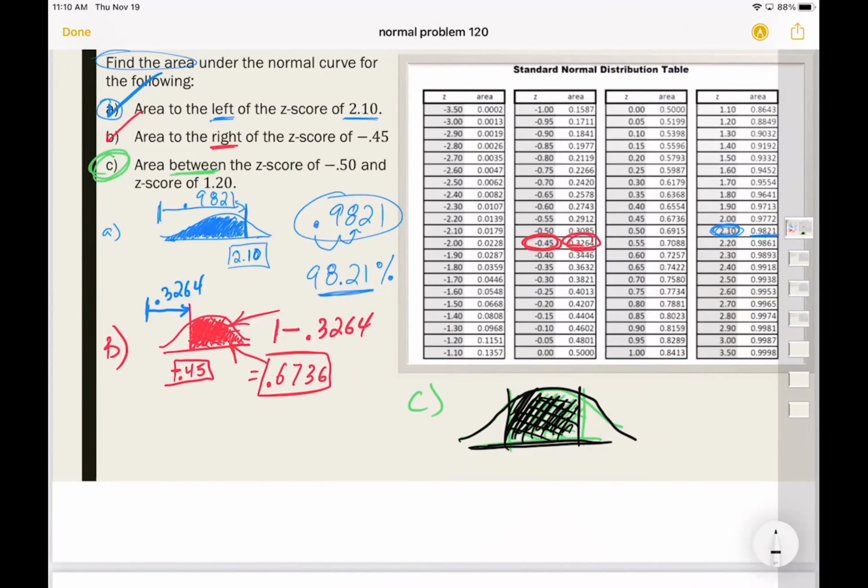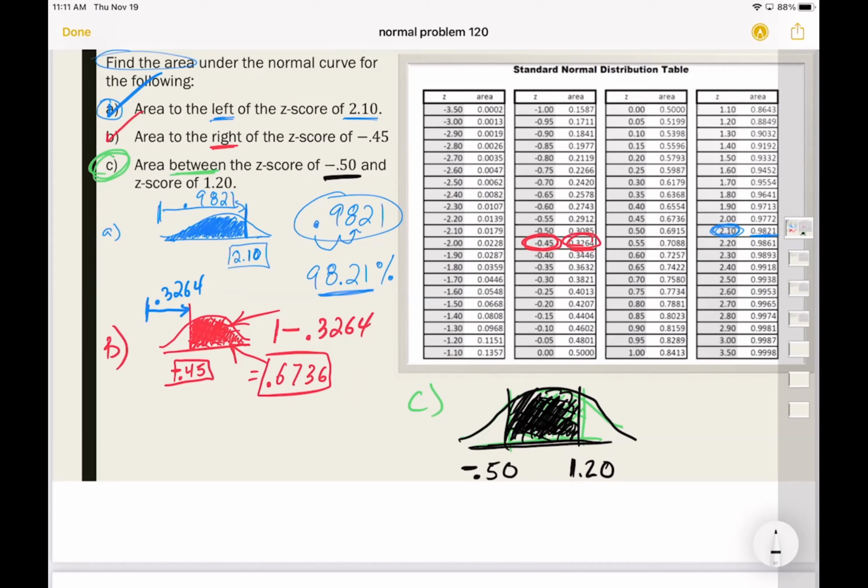And what are the 2 numbers they ask us? A negative number is on the left, and the positive 1.2. We're looking for the area in between negative 0.5 and positive 1.2.